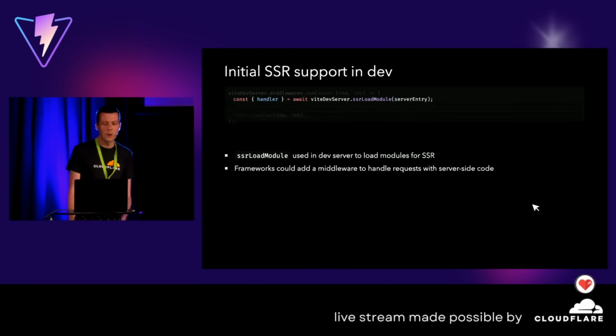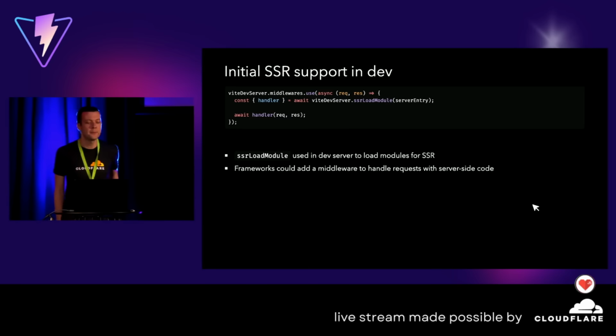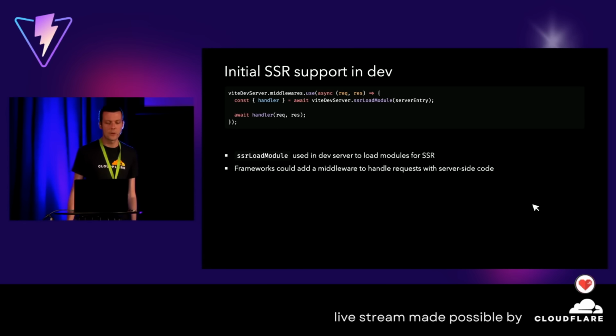And then what a framework could do is add a middleware to handle requests with server-side code. So in the example here, ssrLoadModule would load the modules to bring in the framework and user code. And then this is simplified, obviously, but there'd be some sort of handling function that can actually handle the request and return a response.